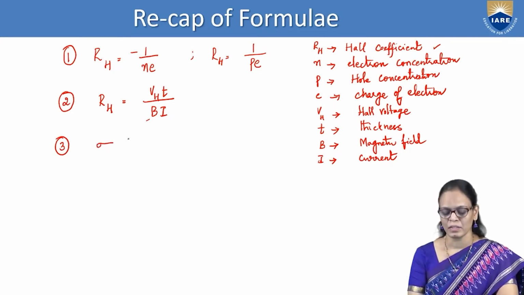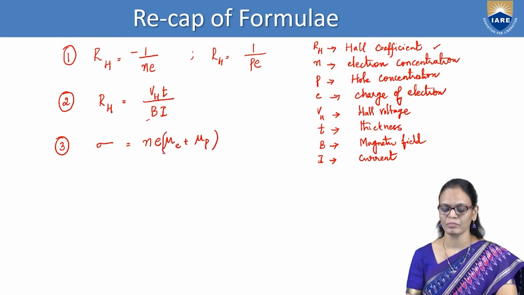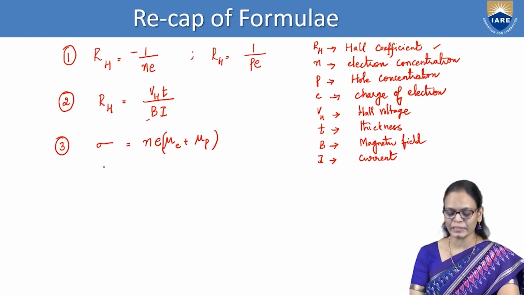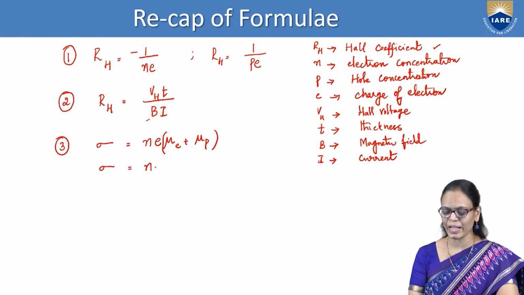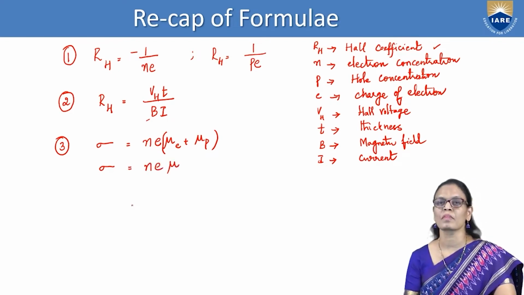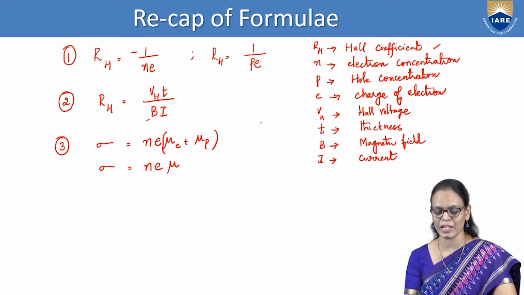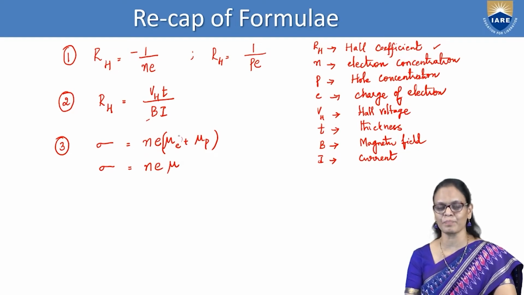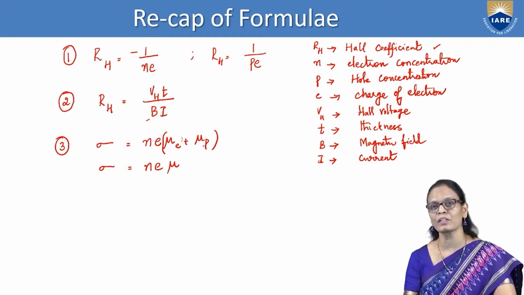Then we are also going to calculate sigma. Sigma is the conductivity. If we are writing a general expression for sigma, we write Ne mu. But here in a semiconductor it is due to electrons as well as holes. Of course, if it is N-type, the electrons are the majority carriers. But we are considering the mobility of the electrons as well as the mobility of the holes.